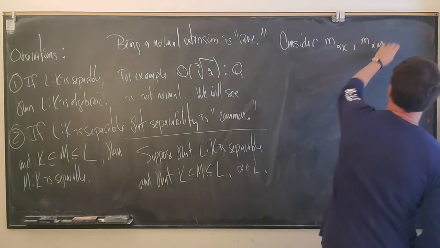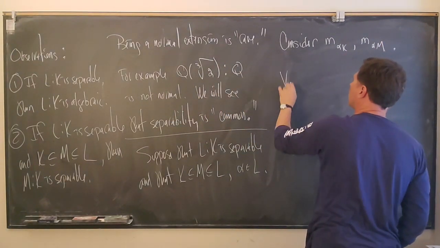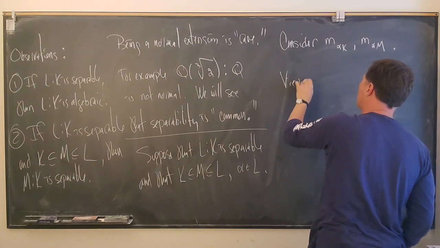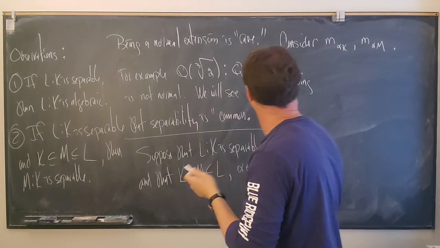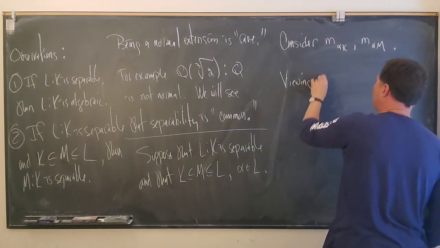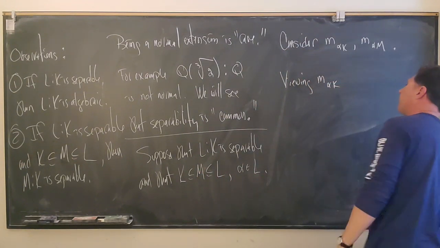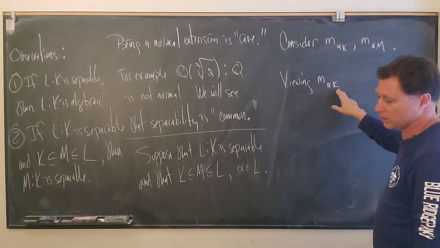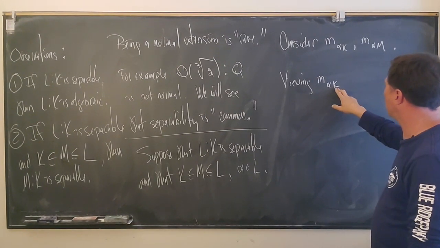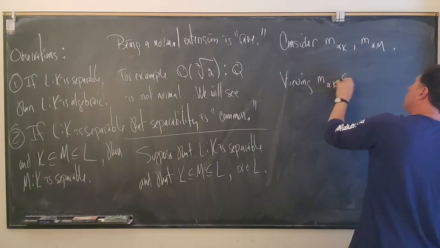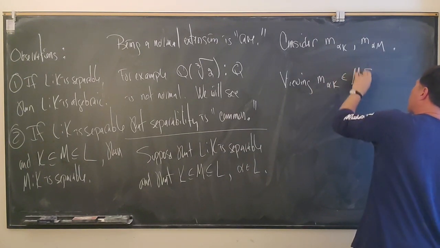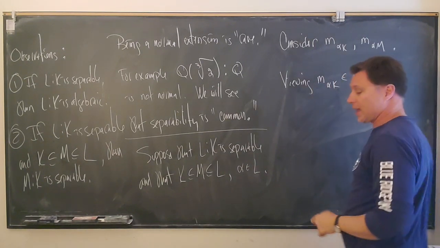So now, if we look at these polynomials, if we look at M sub alpha K, well, all the coefficients, since they're from K, they have to live in M, so we can view M alpha K in M[x].